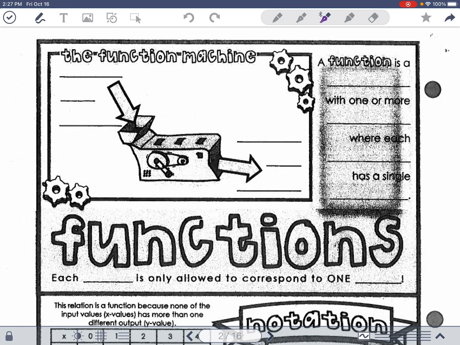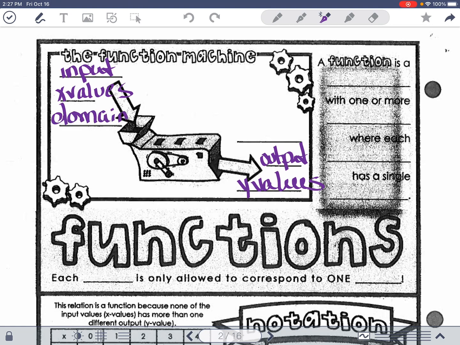Okay, the function machine is an input, output situation. Its x values go in and the y values come out. It's the domain compared with the range.